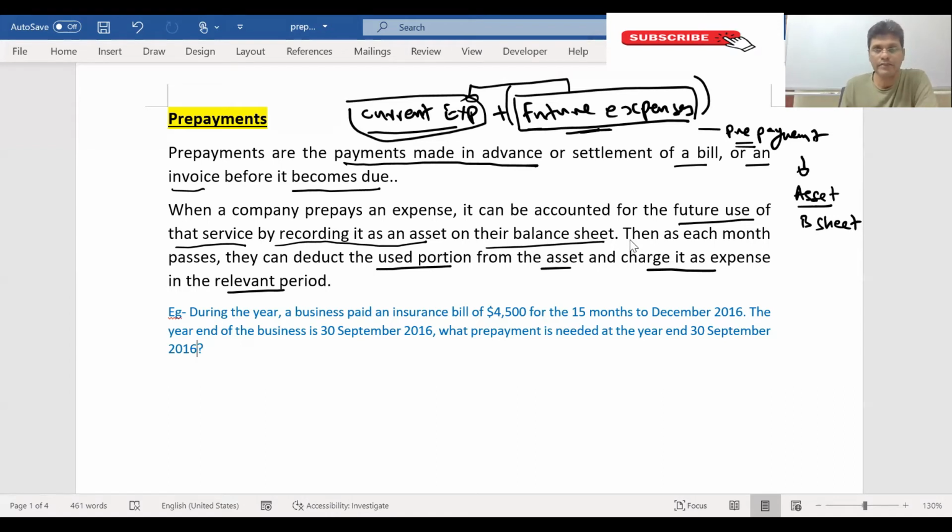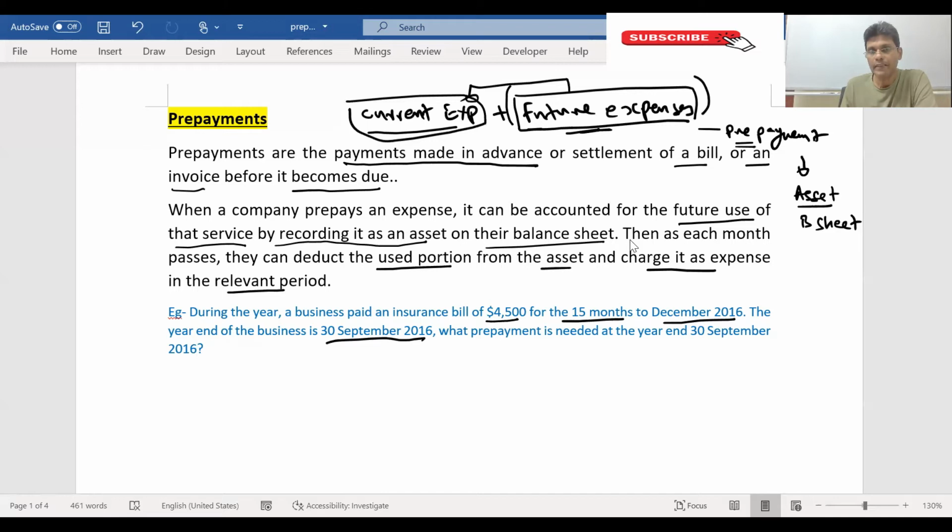Now let's look at this question. During the year, a business paid an insurance bill of 4,500 for 15 months to December 2016. The year end of the business is 30th September 2016.